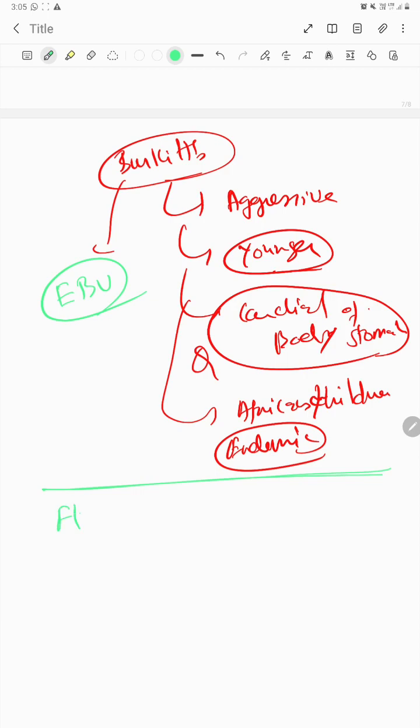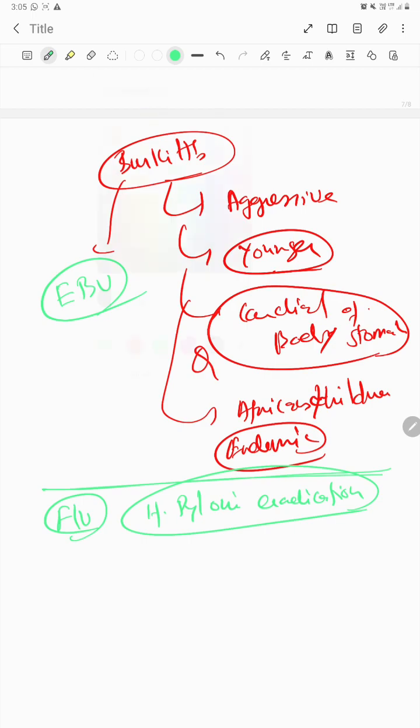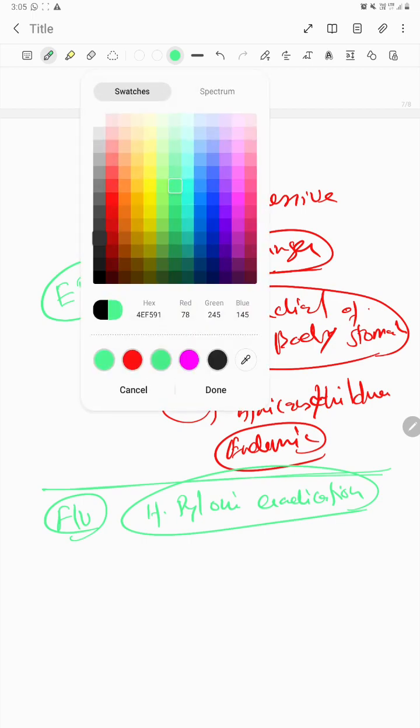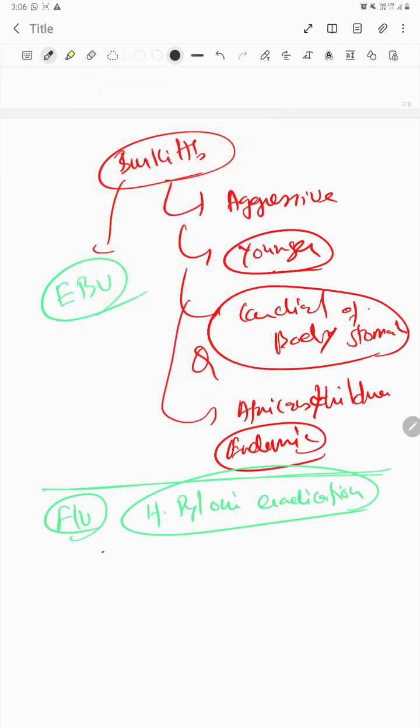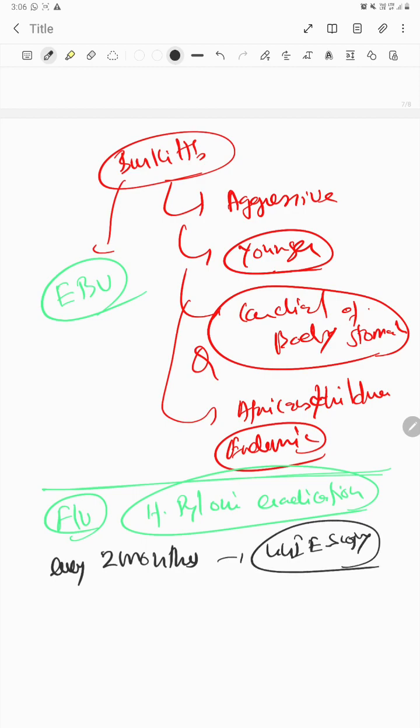So follow up of your MALTomas, especially after H. pylori eradication. I want to speak about few points regarding this. After H. pylori eradication, for follow up, the criteria is every 2 months you have to repeat upper GI endoscopy and look for any infection or the clearance of infection.